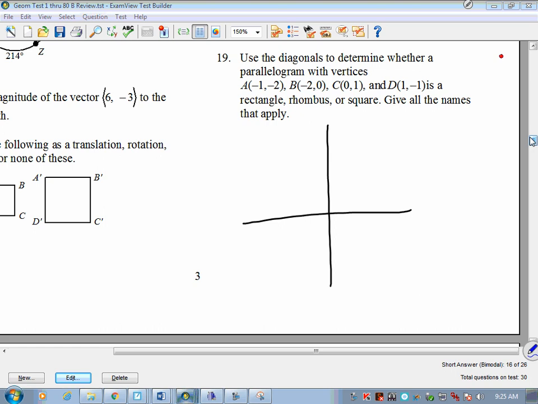All right, let's draw some tick marks through here. Obviously you want to use graph paper when doing this. -1, -2, something like that. -2, 0, 0, 1, and 1, -1.